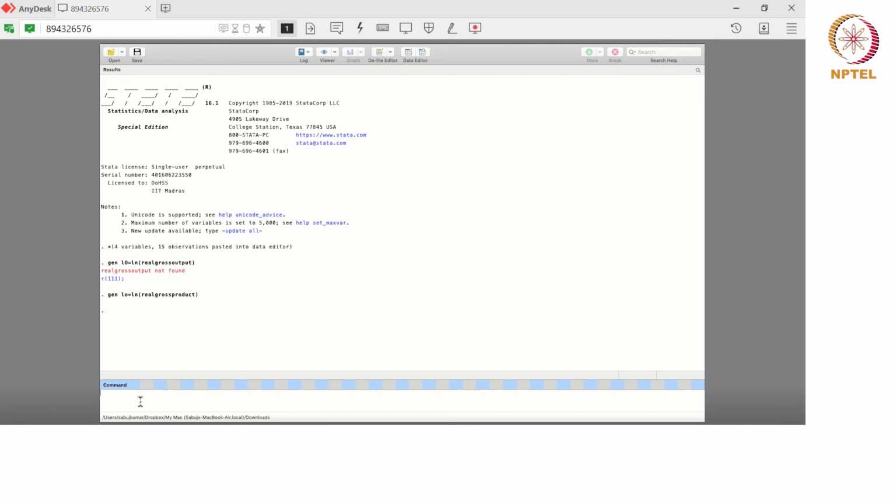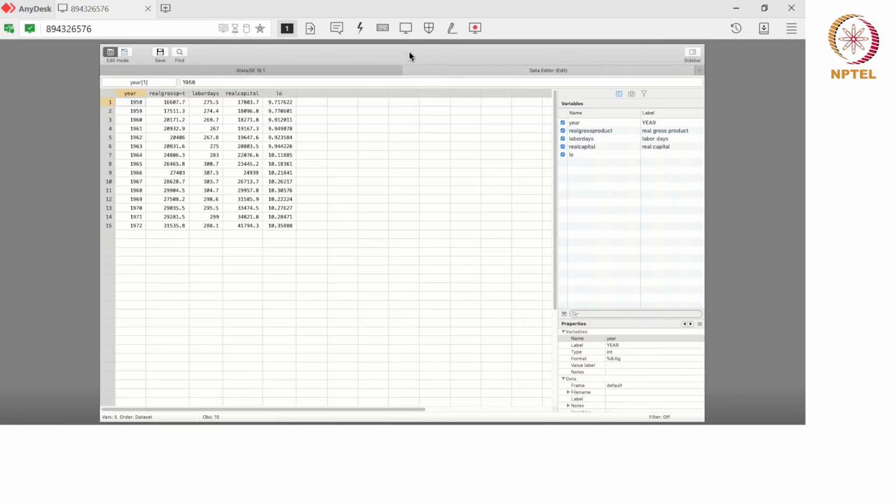That means I have now converted the level variable of output into log form, and the variable is defined as L0. Similarly, I can look at the variable names for the others, which are labor days and real capital. See, here L0 is there, so the variable is converted into log.